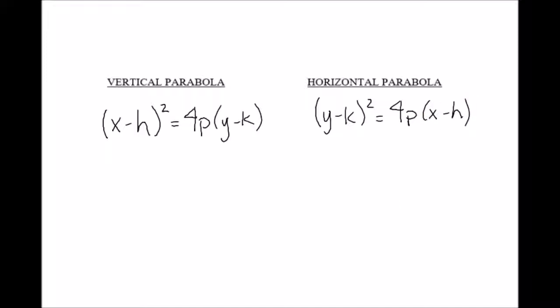So to write the equation of a parabola, we first need to decide whether it is a vertical parabola or a horizontal parabola. Then we need to find the vertex, which is (h, k), and we need to find the value of p. Once we have those three things, we can write our equation.